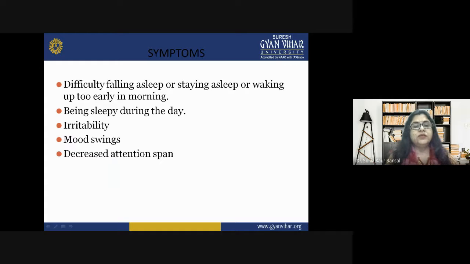A decreased attention span is also one of the causes of some important things. So students, you have to understand that these are some of the reasons that must be understood by the children, by the parents, and by the teachers as well.